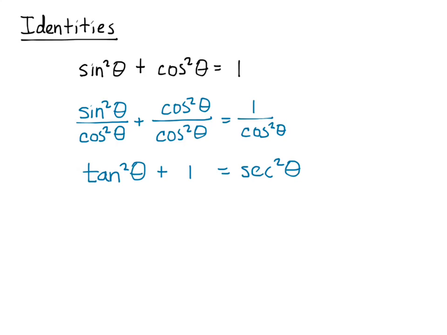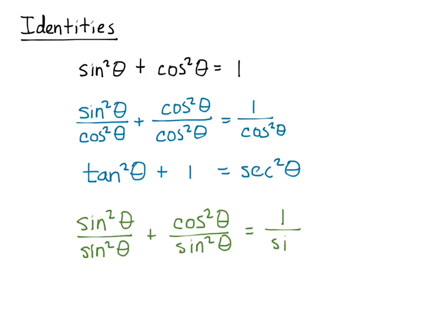So here you can think of secant and tangent as being paired up, just like sine and cosine are paired up for one of the identities. And then if I did exactly the same thing, only dividing through by sine squared, and made my substitutions, what I get is 1 plus the cotangent squared of theta equals the cosecant squared of theta.